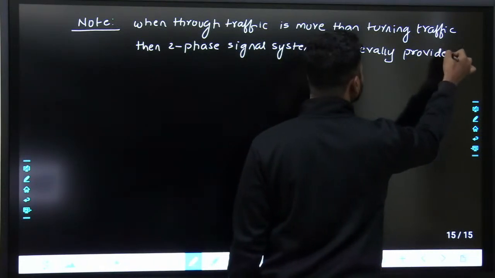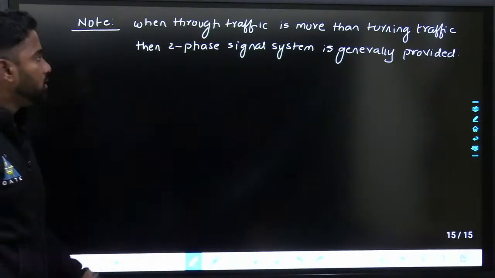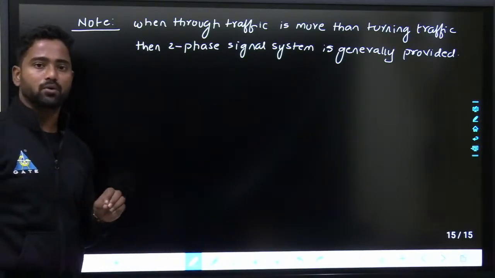Two phase signal system is generally provided when through traffic is more than turning traffic.